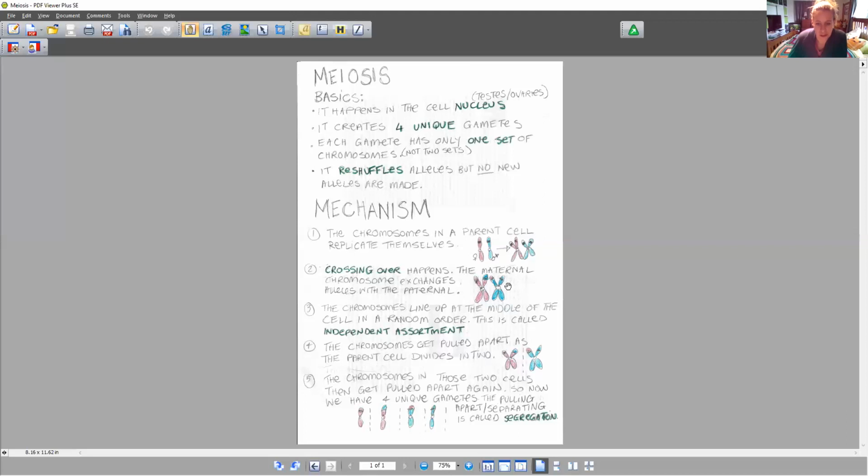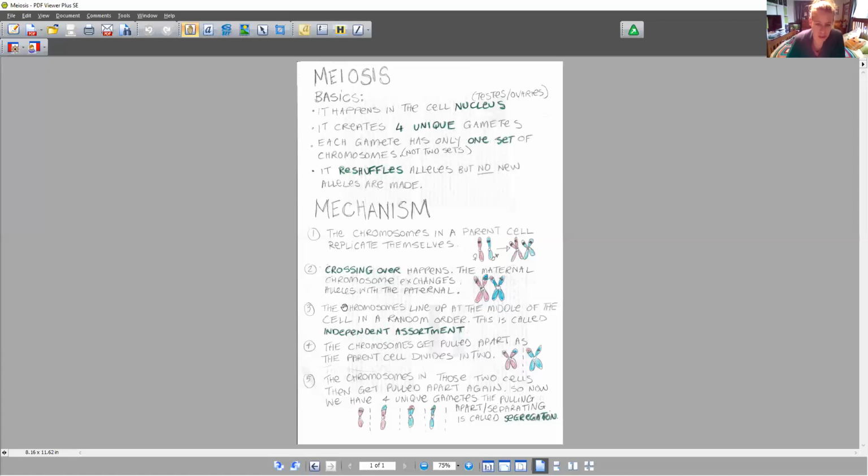Usually it only happens on these inside chromosomes. The outside chromosomes aren't touching each other. And it will only happen within a homologous pair. So they're just swapping alleles basically. That's crossing over, the exchange of genetic material between maternal and paternal homologous chromosomes.